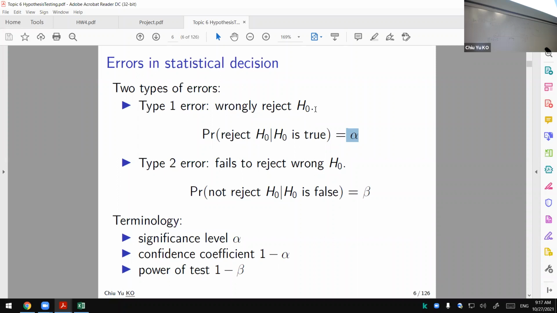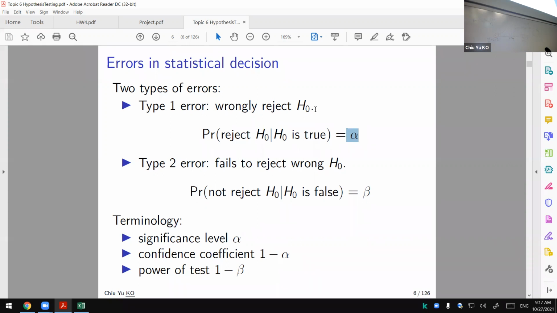And as you can see from here already, if alpha is very small, what does that mean? This pushes all the way down and this pushes all the way up. If alpha is so small, you never reject things. If you never reject things, what's the problem? You will have a type 2 error.